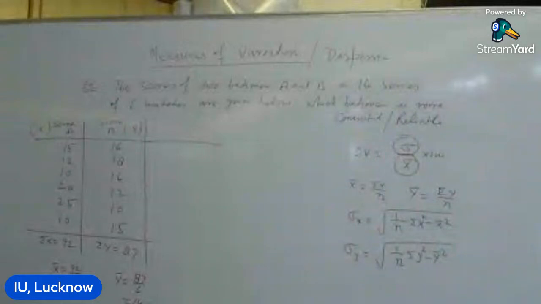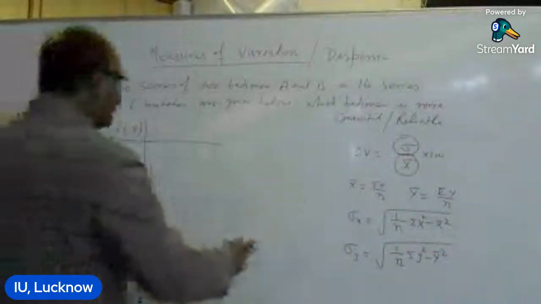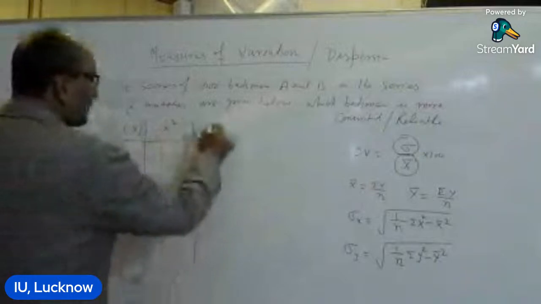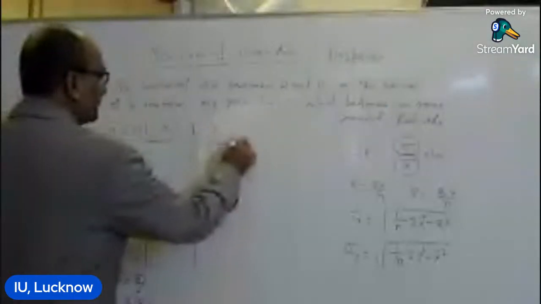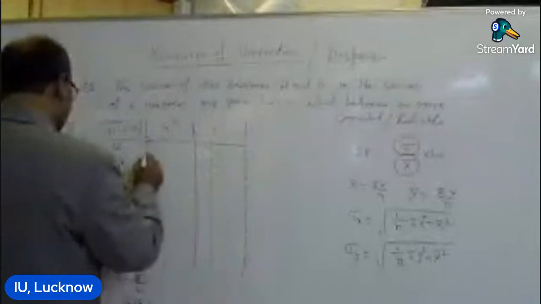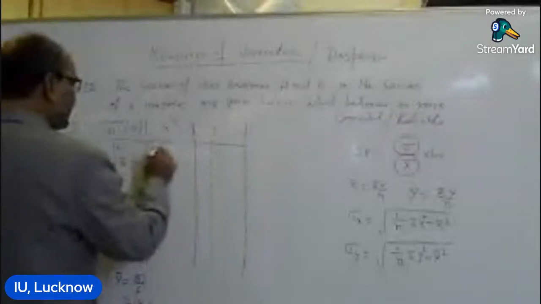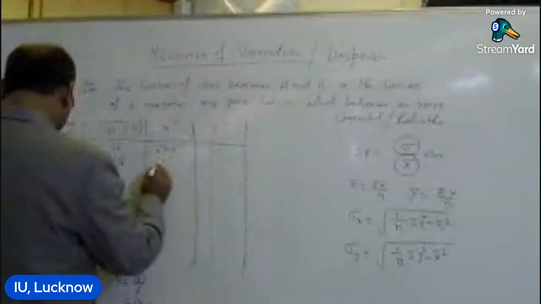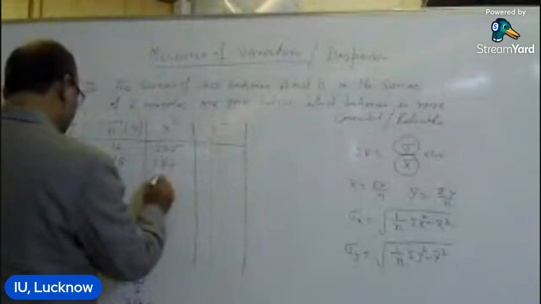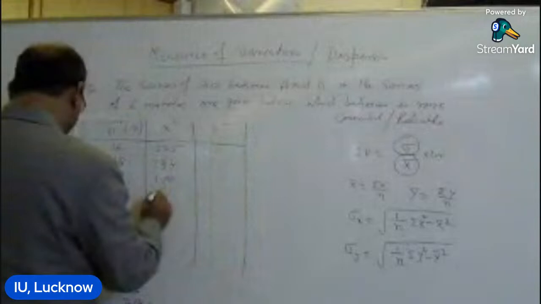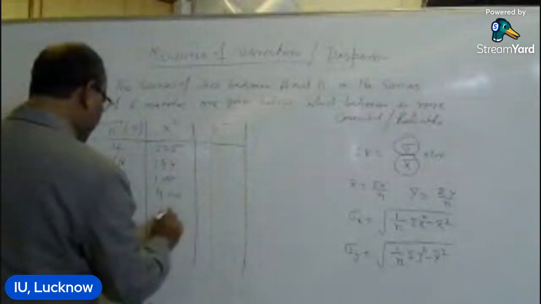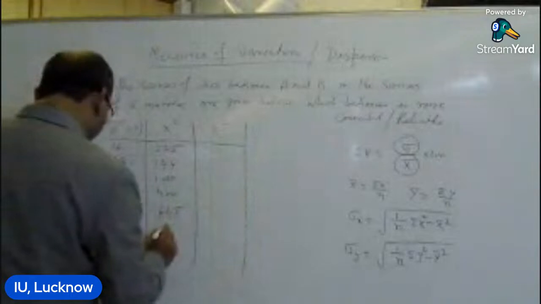Now find the standard deviation. We have to obtain x square and y square. So what is the x square? X square is 15 square, 225, 144, 100, 400, 625 and 100.